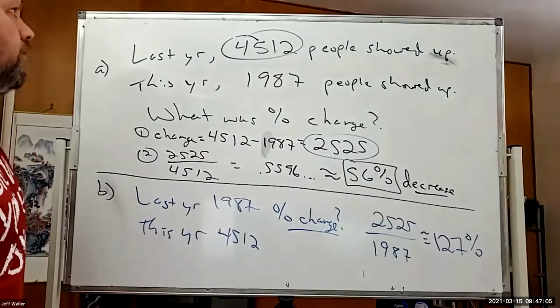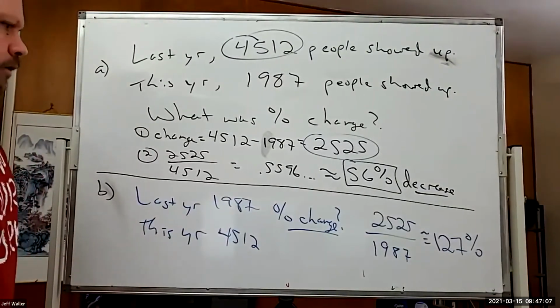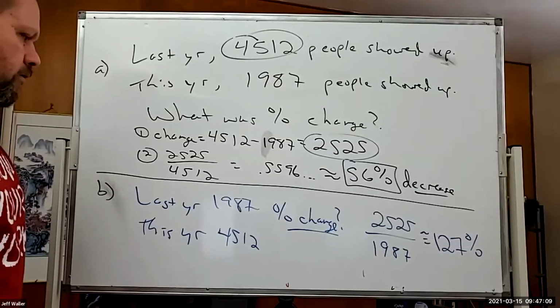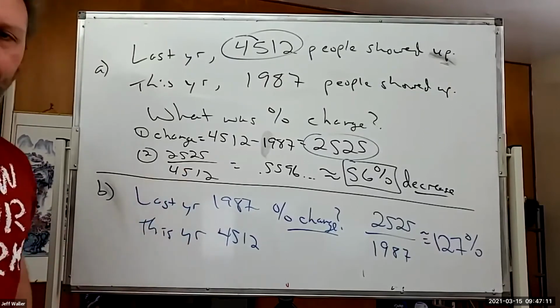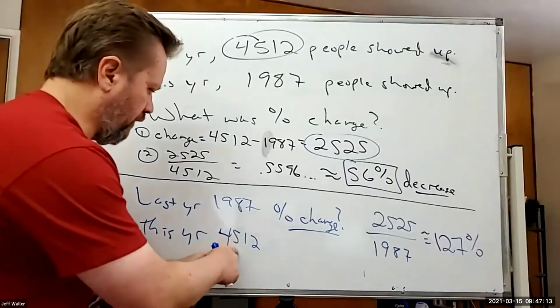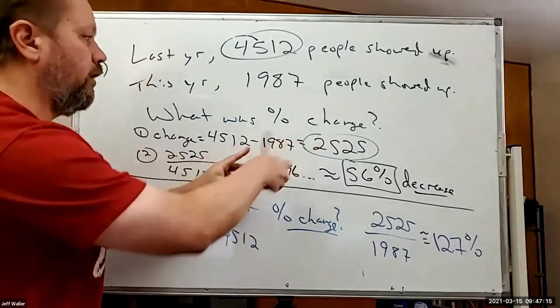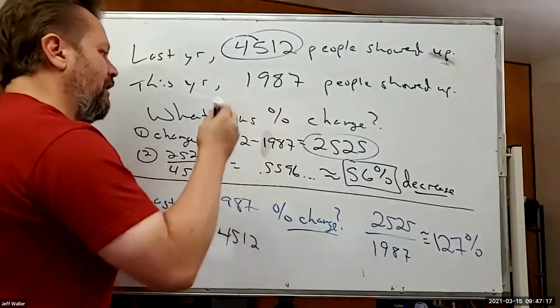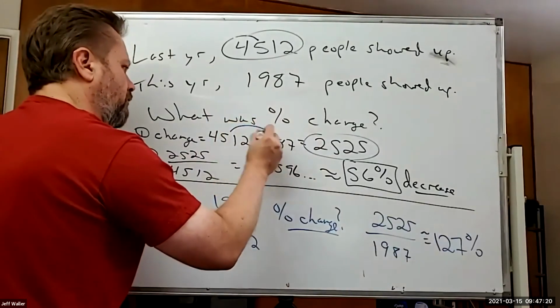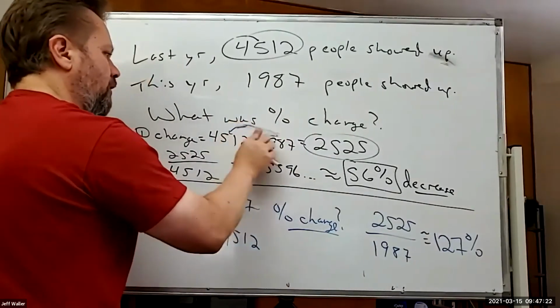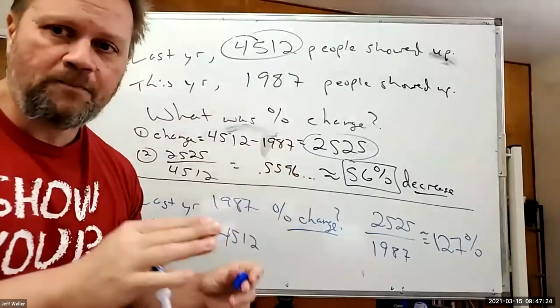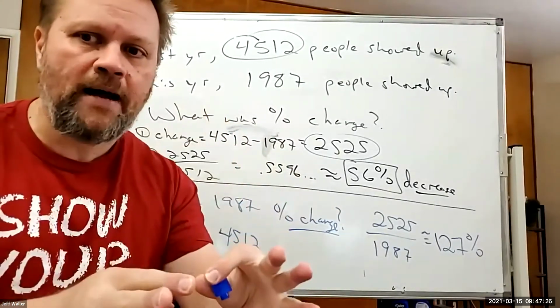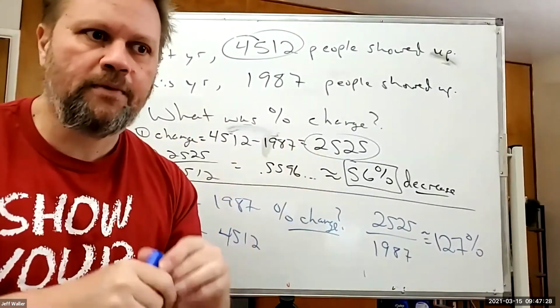No, it's 4512 minus 1987. How much did it change by? So technically, this would actually be the other way around if you wanted to be technical. It's the end minus the beginning, to be honest, but that doesn't matter.